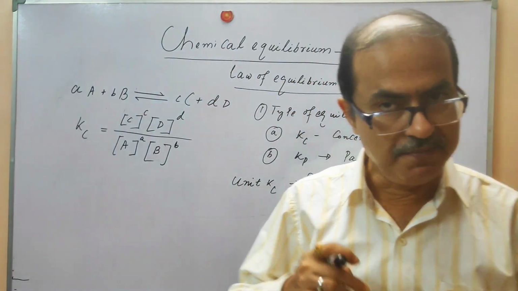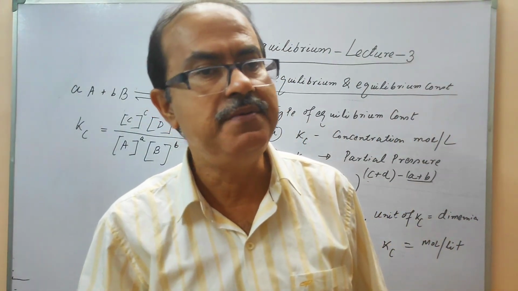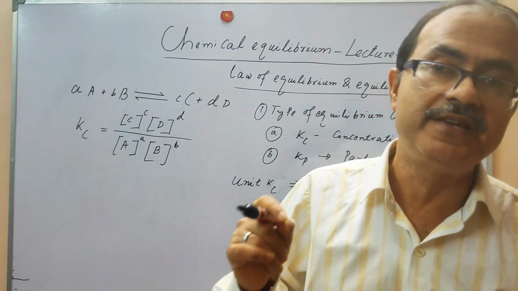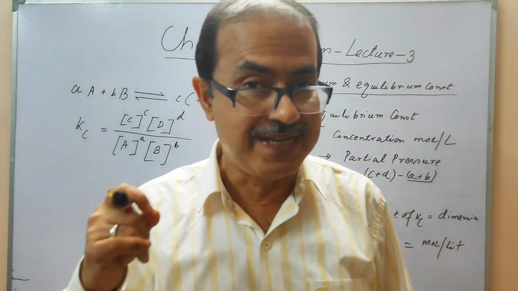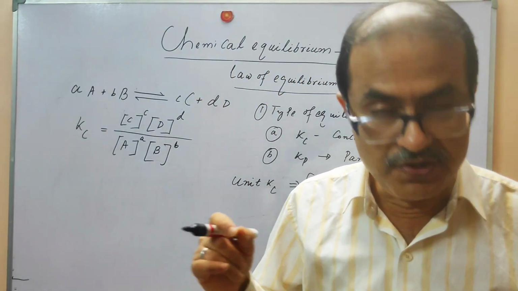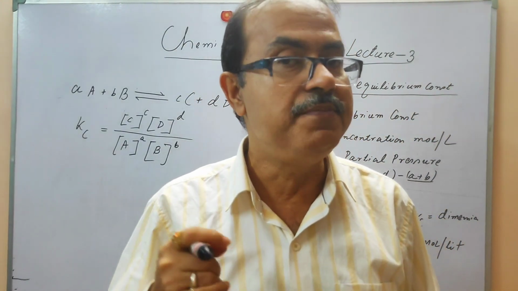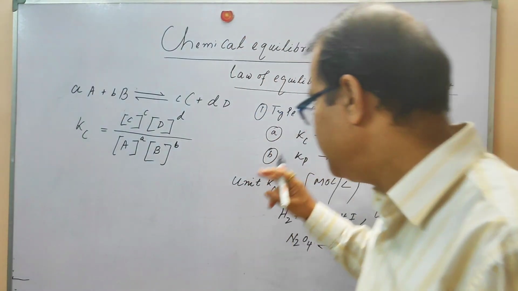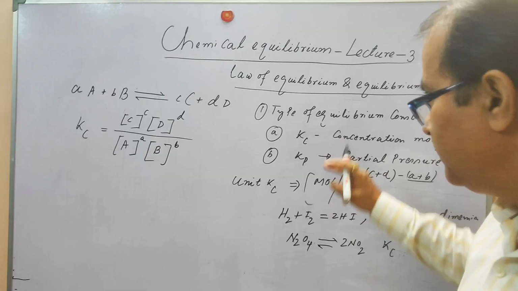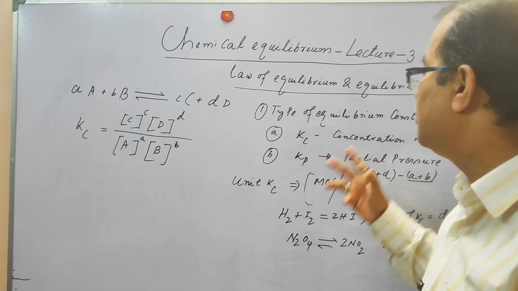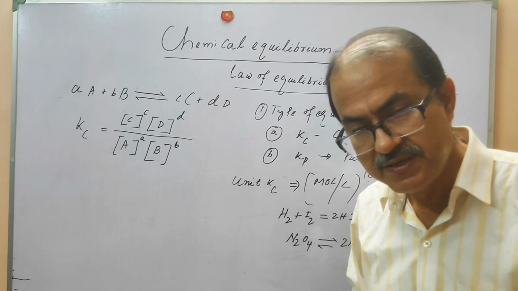It is sometimes dimensionless and sometimes it has some dimension. But when we express this Kc in terms of the standard state, then it will become dimensionless again. So you can understand this type of equilibrium and the expression of the equilibrium constant.